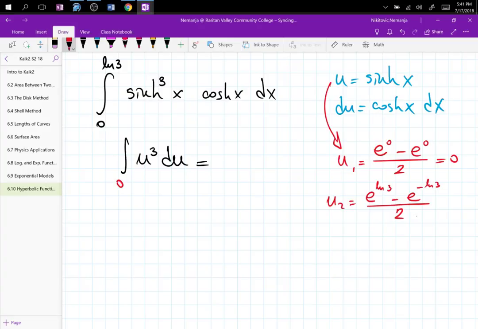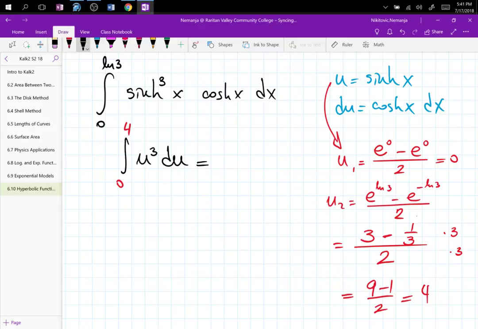Now this is something that we actually have to compute. So e to the ln 3 is just a 3. And then minus, the negative goes inside, makes 1 over 3. Times 3, top and bottom, to get 9 minus 1 over 2, which is 4. So the limits are changed from 0 to ln 3 to 0 to 4.